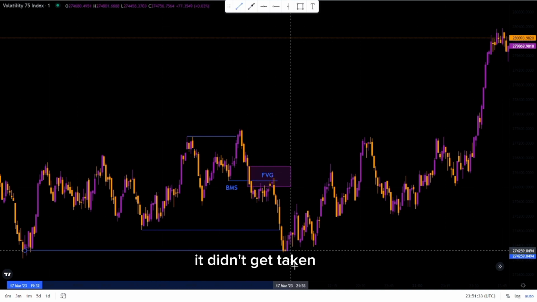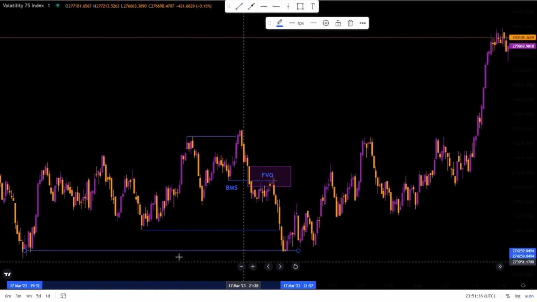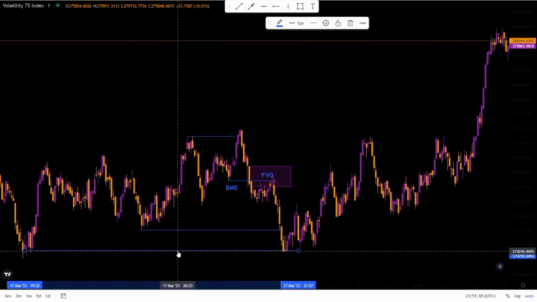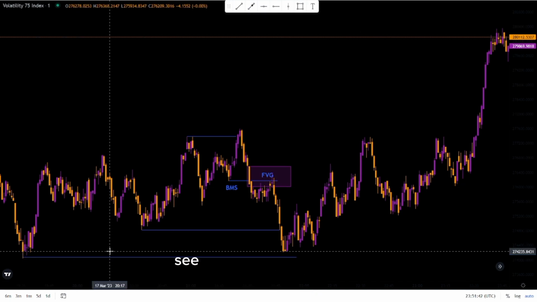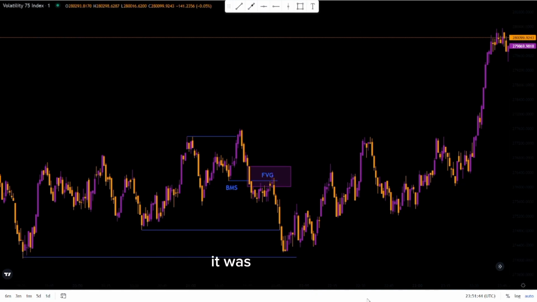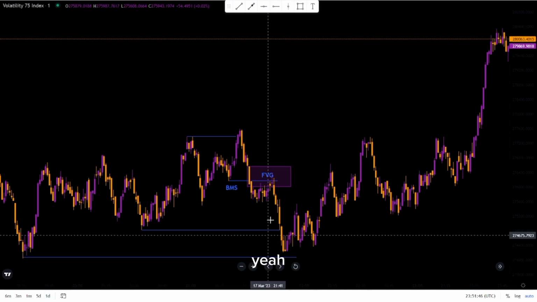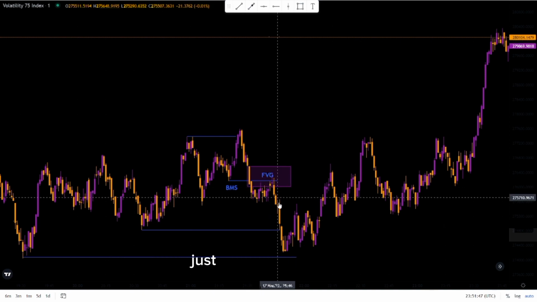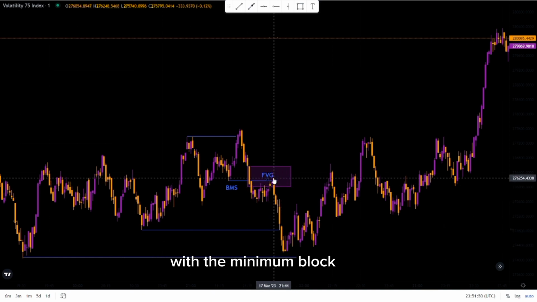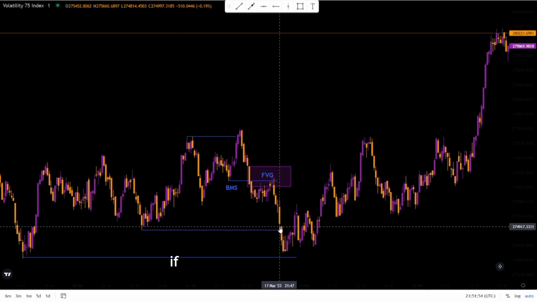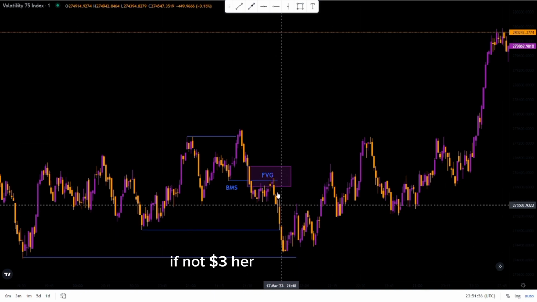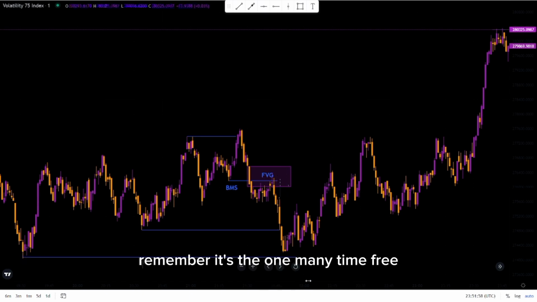Definitely I was going to go for the lower one. It was not hit, but I'm trying to show you that you could have got a significant move with a minimum lot size. You could have made at least $1 to $2, if not $3 here with this move. Remember, it's the 1 minute time frame.